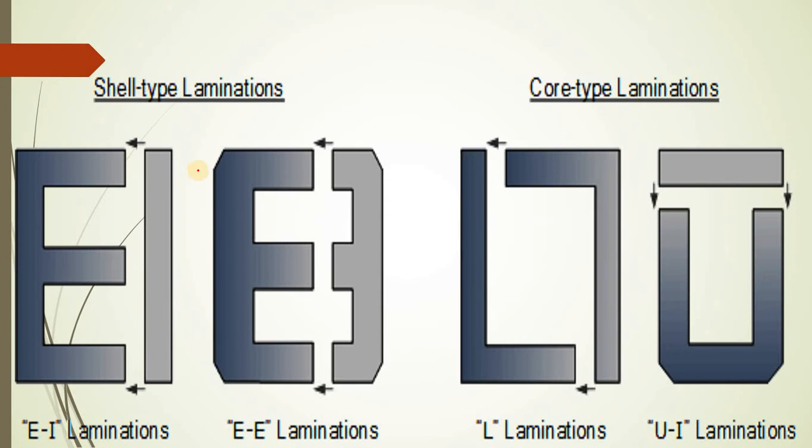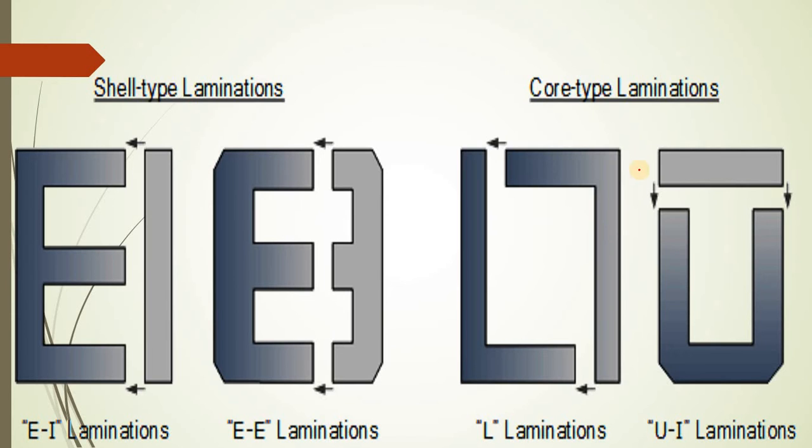Then the laminations of the core. The core is made up of different types of laminations. For a shell type transformer we require E type laminations and I type laminations. This is E type lamination, I type lamination, or sometimes E type and E type lamination, that is EE lamination.